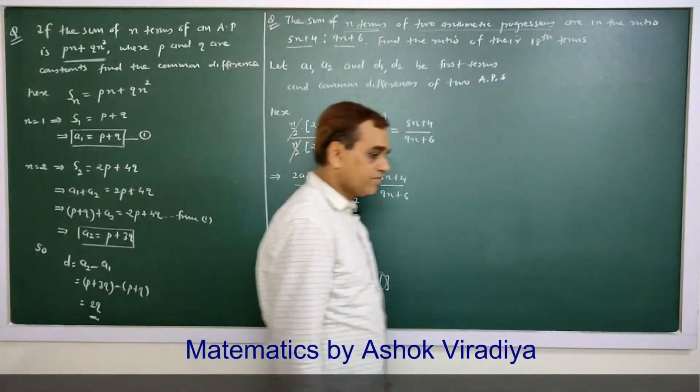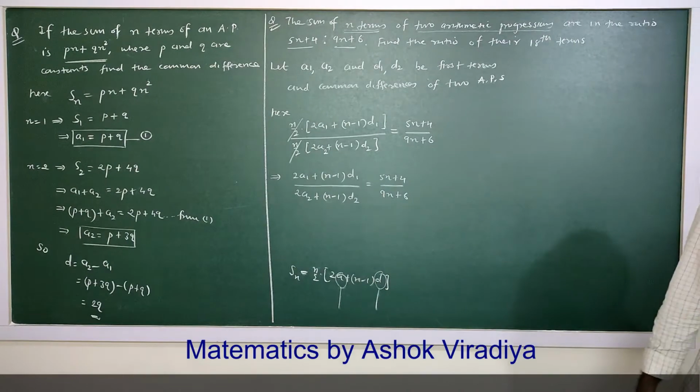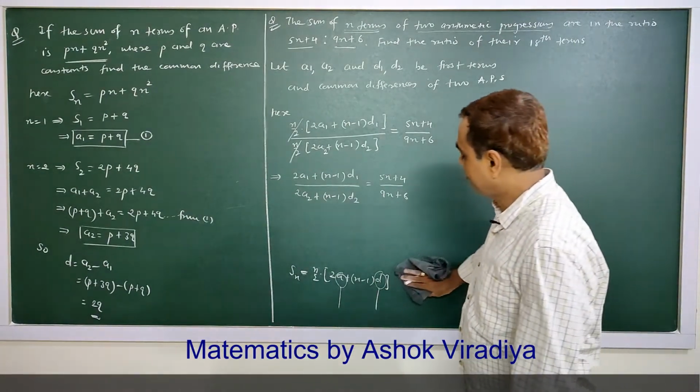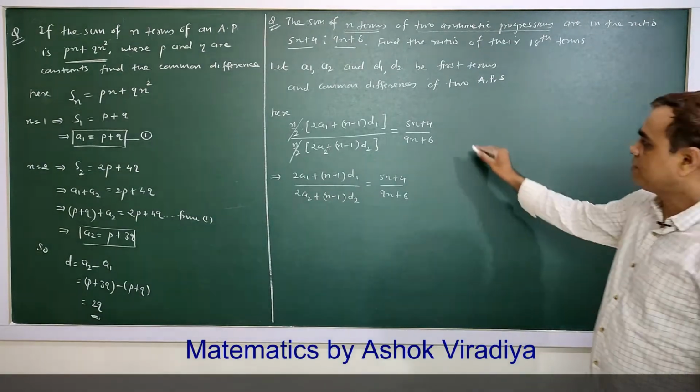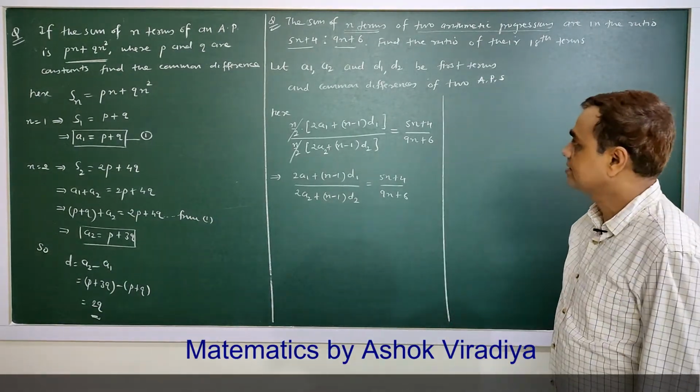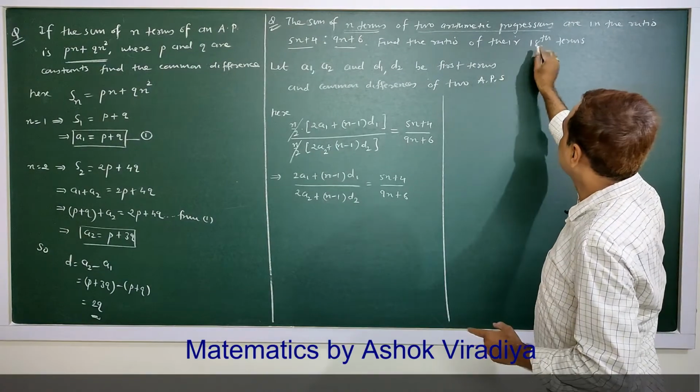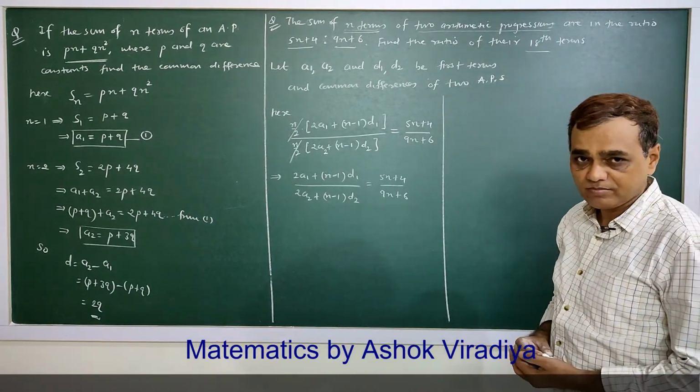Now see, I am putting expression for ratio of nth terms of both the sequences because we want ratio of their 18th terms.